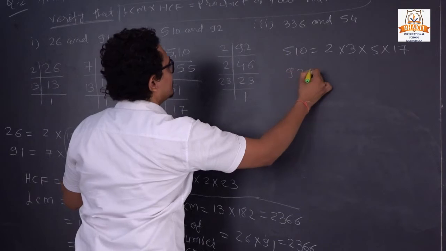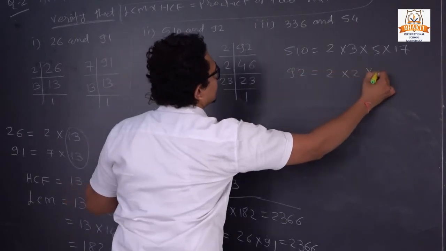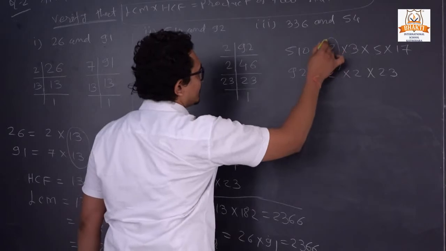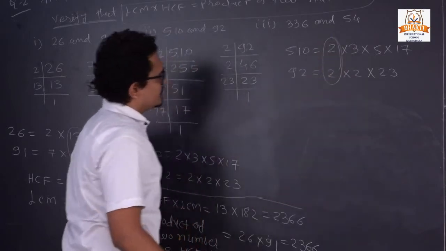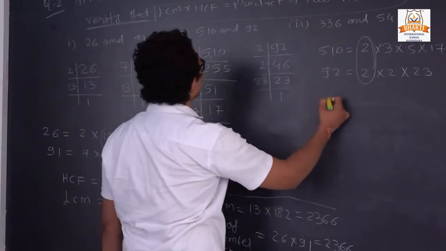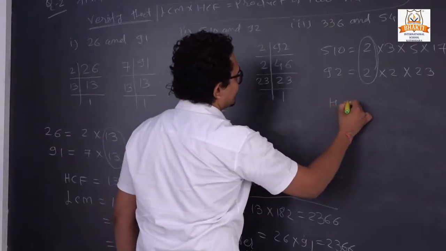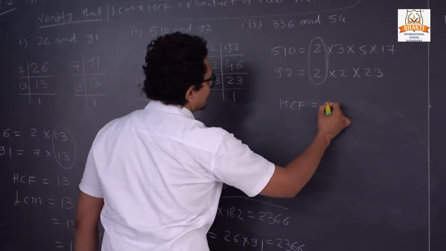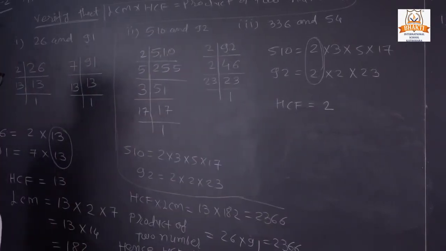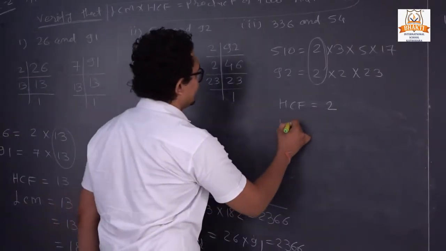Then 92 is equal to 2 into 2 into 23. So here which term is common? It will be 2. 2 is a common term between both. So HCF is equal to 2. And now LCM.